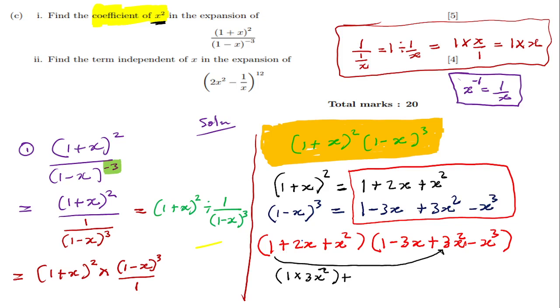Then 2x times 3x, it is 6x cubed. I don't want it. But 2x times negative 3x is going to give me, open bracket, you're going to have 2x times negative 3x, because I know that x times x is x squared, so I need an x squared.